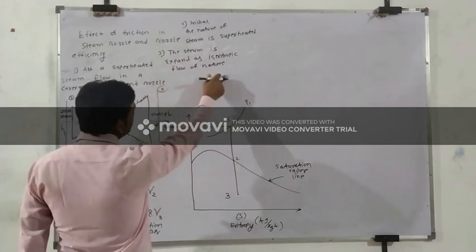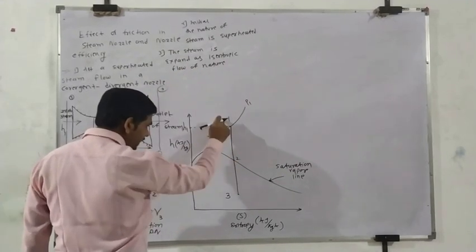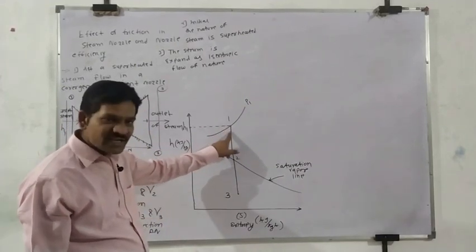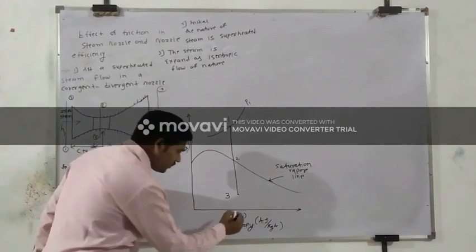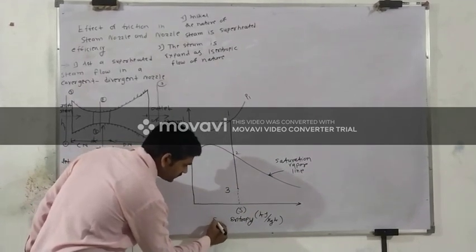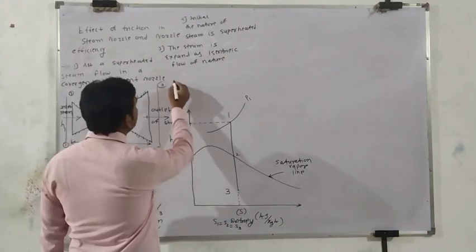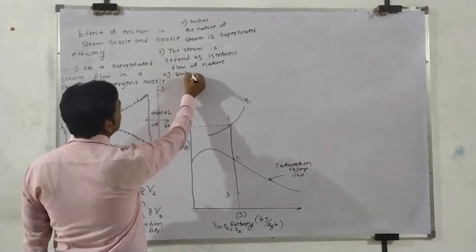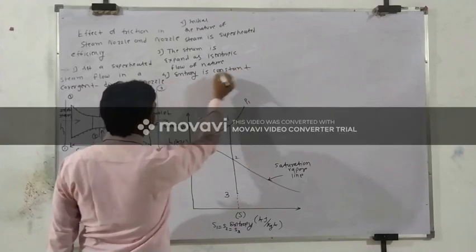So in isentropic flow, you should remember the enthalpy decreases. In isentropic flow, the enthalpy decreases from H1 to H2, H2 to H3. But what is constant, students? The entropy remains constant. S1 is equal to S2 is equal to S3. The entropy is constant. Right?